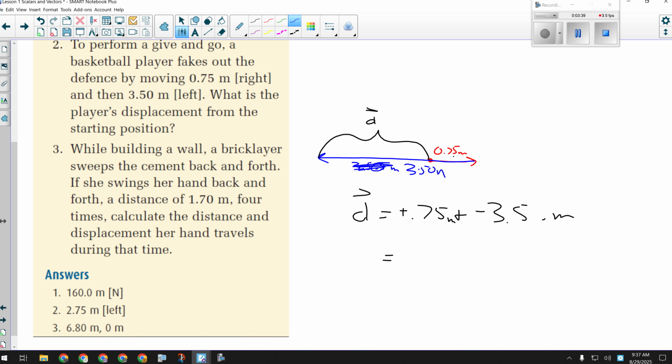Okay, so if we do that, then we're going to get 2.75 meters. It'll be to the left. Everybody all right with that?